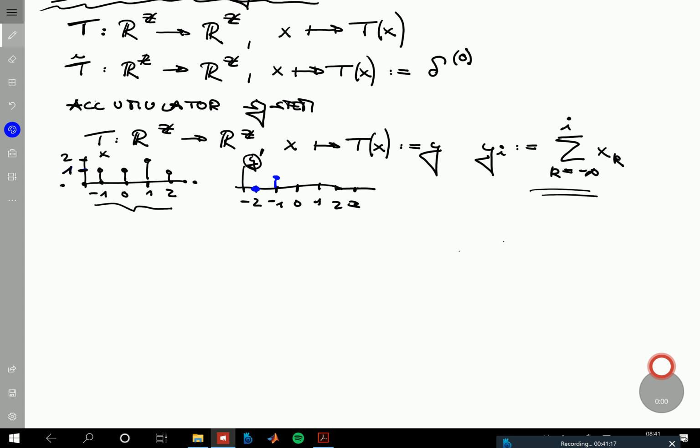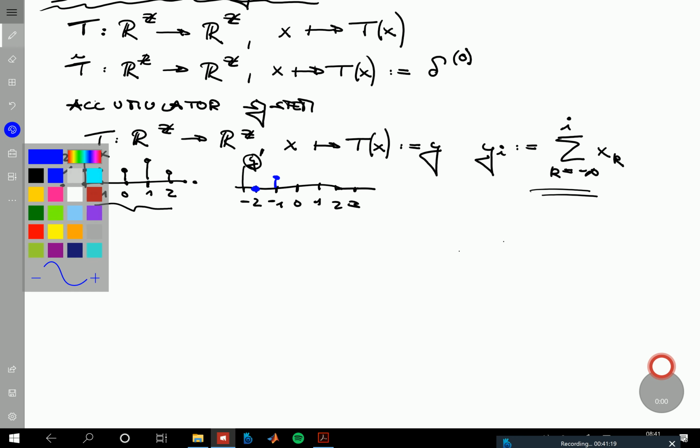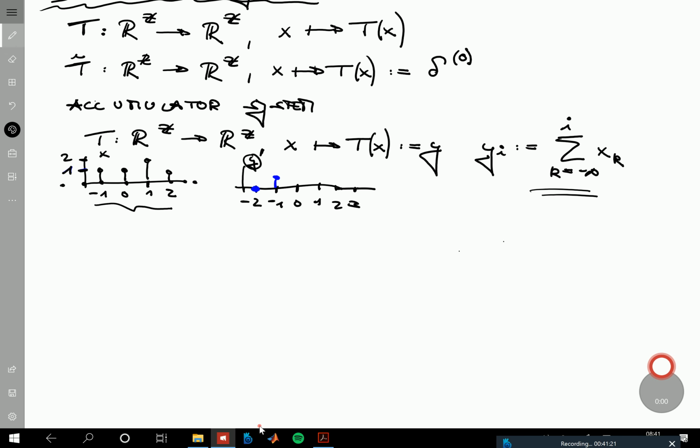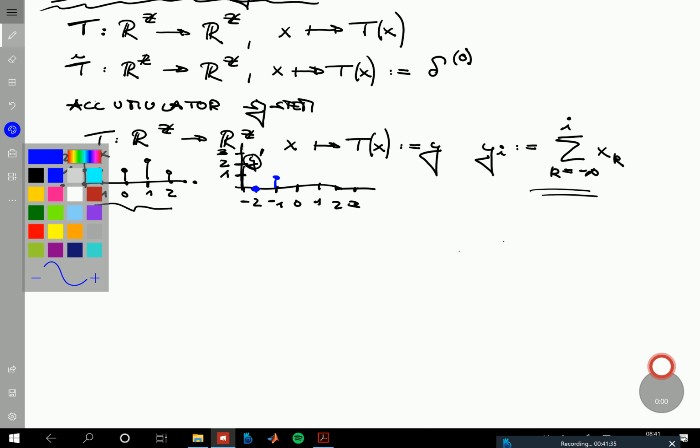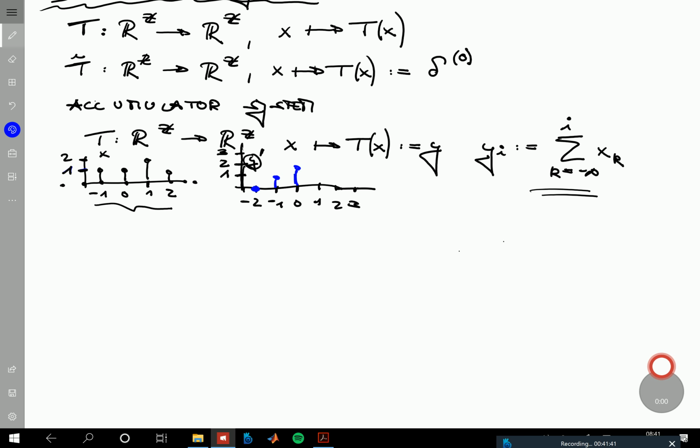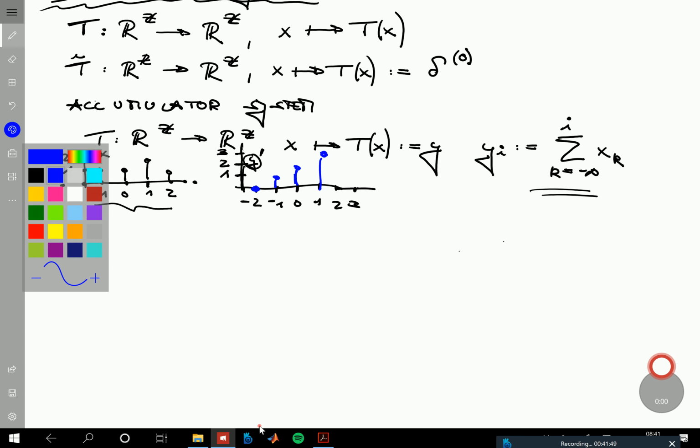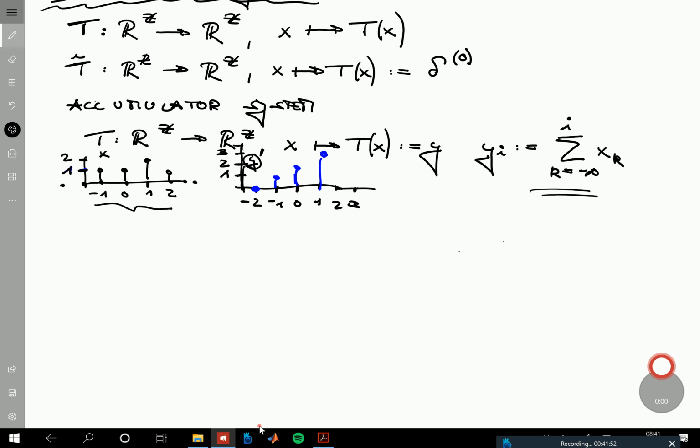And what's the value for y0? Y1? Y2? If you add them according to this formula, you get 2. And what's the value at 1? 4, exactly. I'm running a little bit out of space here, as you can tell. So we have 4.